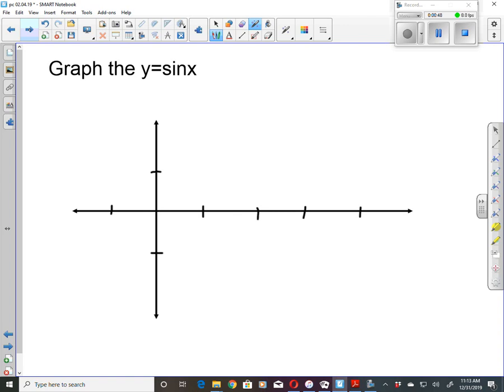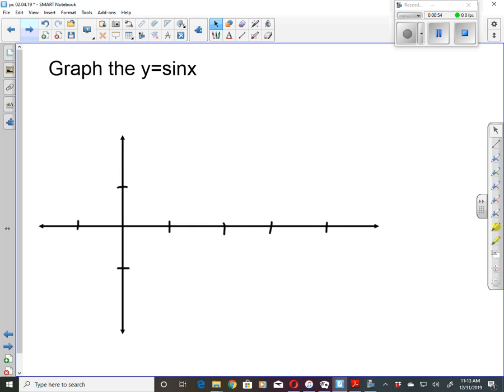So we're going to start first by graphing a sine function, but I'm going to take my time and I'm going to plot some points. Now, keep in mind this is a function that we could, if we needed to, plot some points.